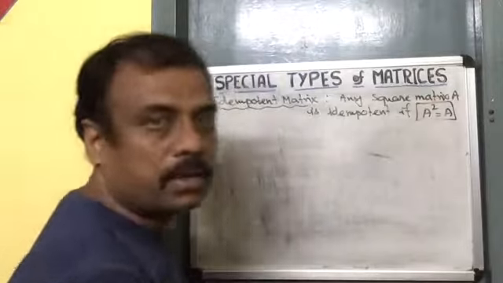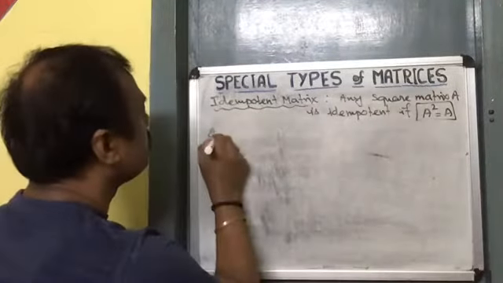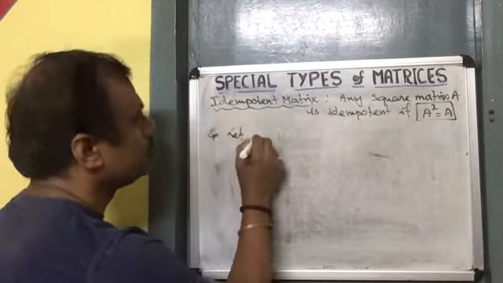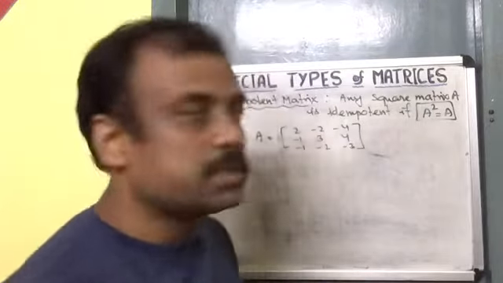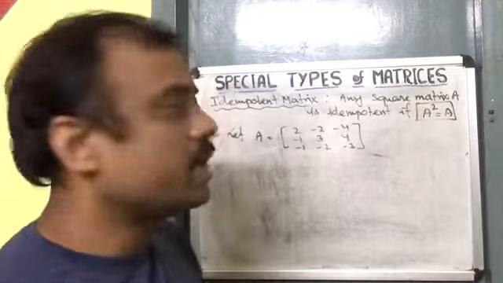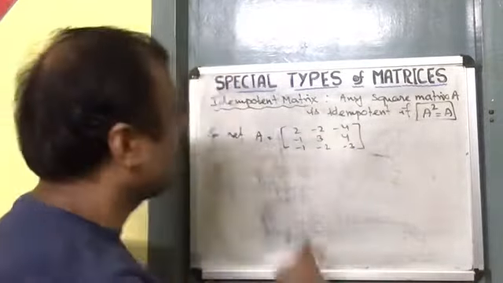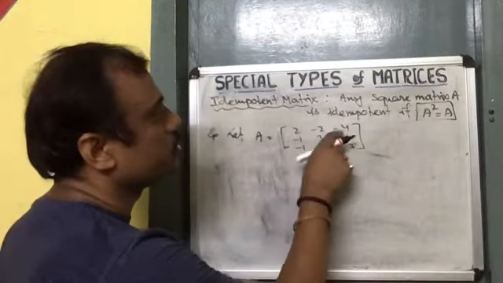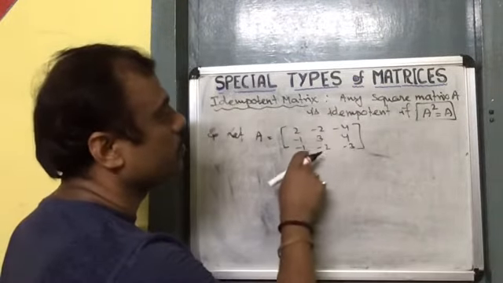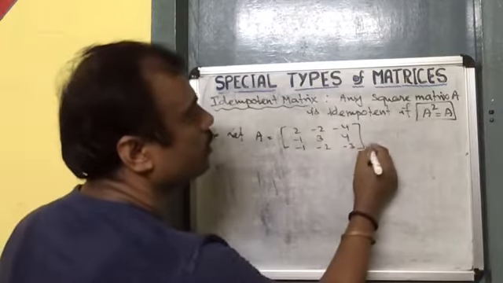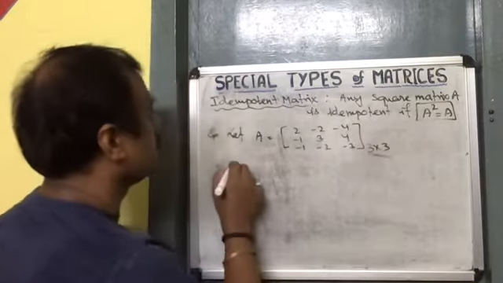Let us discuss the idempotent matrix with the help of an example. I have taken this example: 2 minus 2 minus 4, minus 1 3 4, minus 1 minus 2 minus 3, which is of order 3 cross 3.